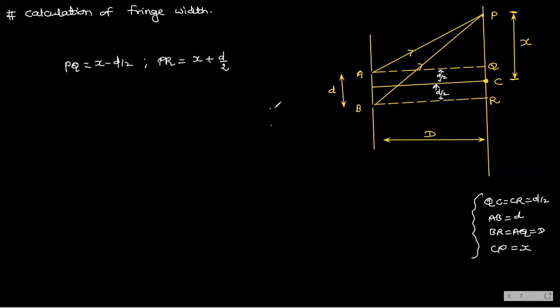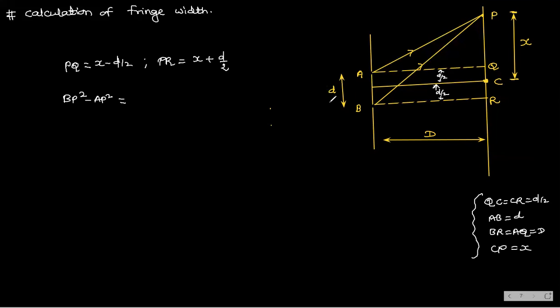Now you see, APQ and BPR are both right angle triangles. So can I do like this? See, BP square minus AP square is equal to, watch what I am doing, listen carefully.